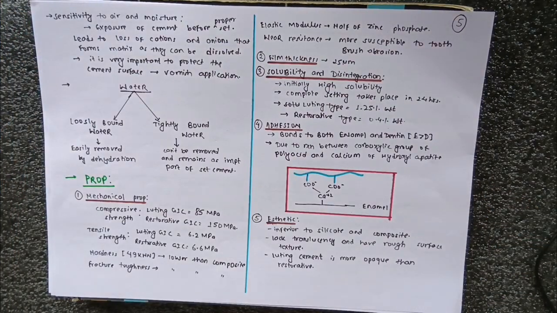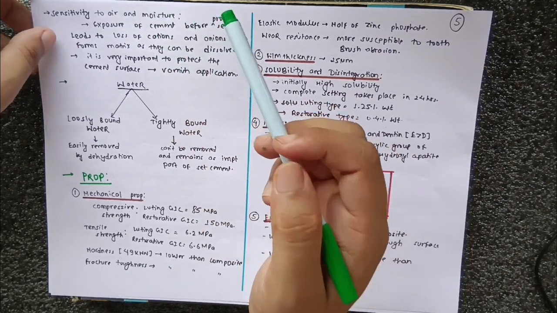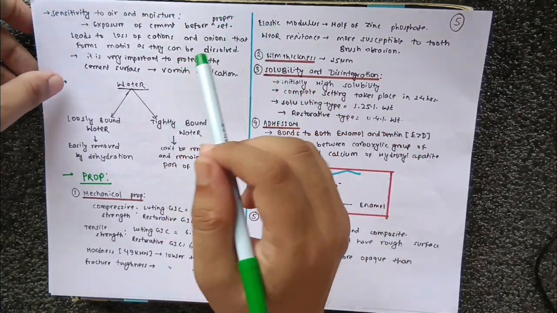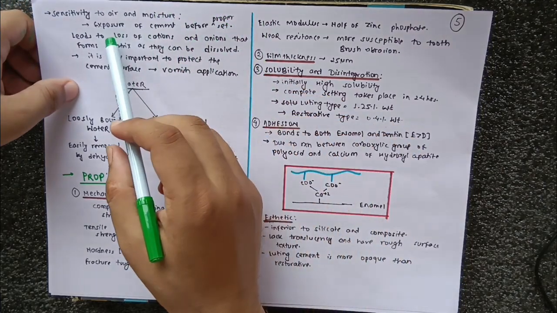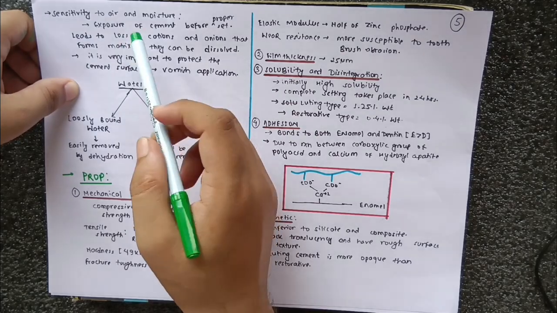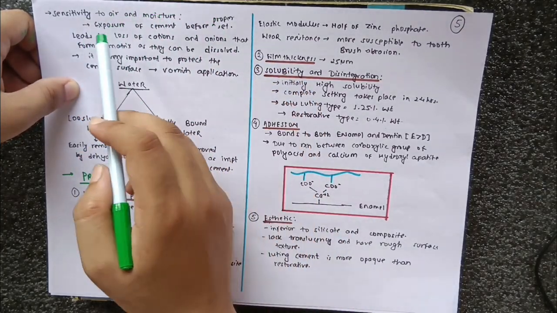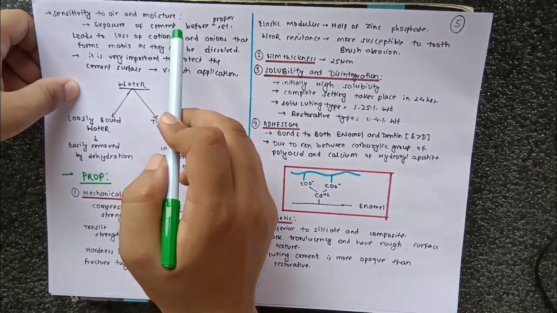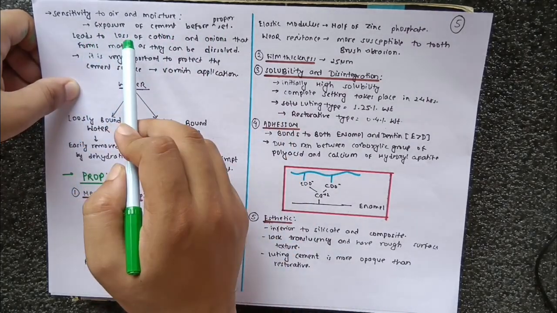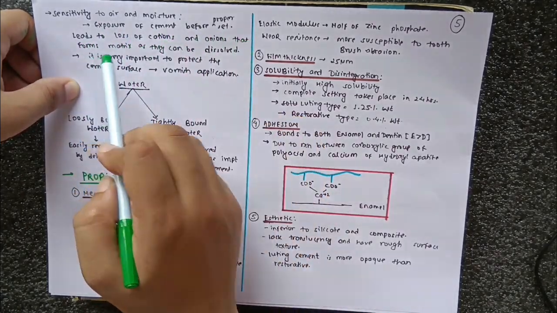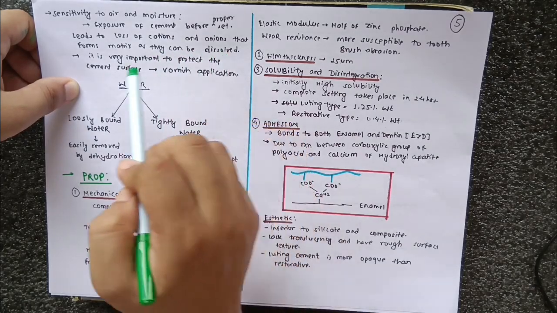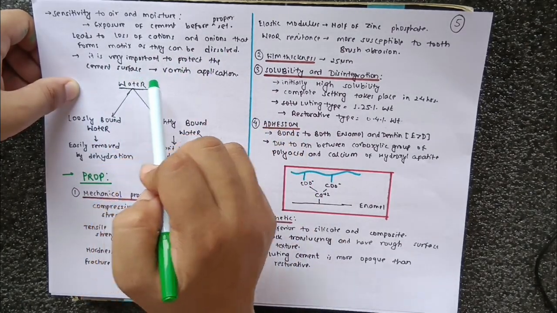Now, for a GIC that has set just recently, exposure of the cement before the proper set leads to the loss of the cations and anions that form the matrix, as they can be dissolved. It is very important to protect the cement surface by varnish application.